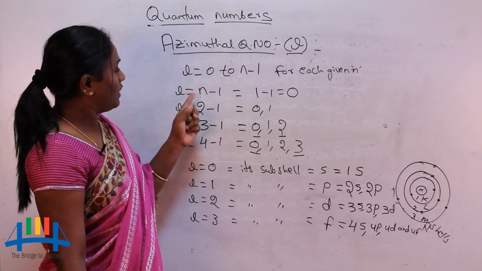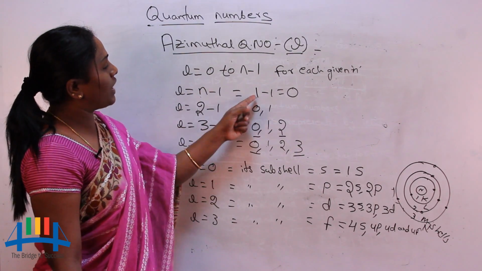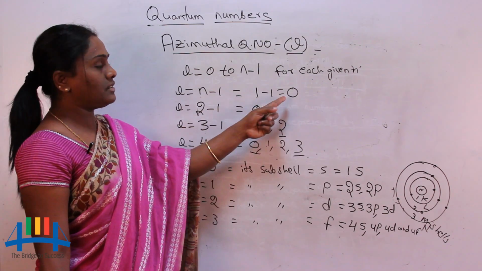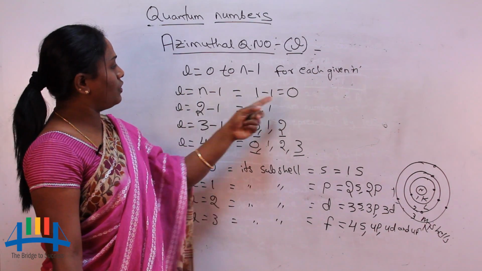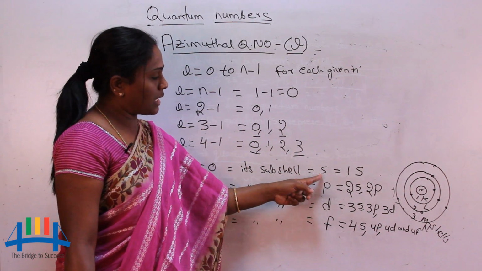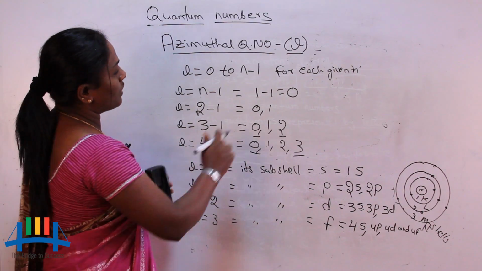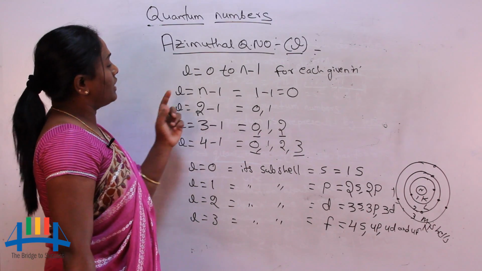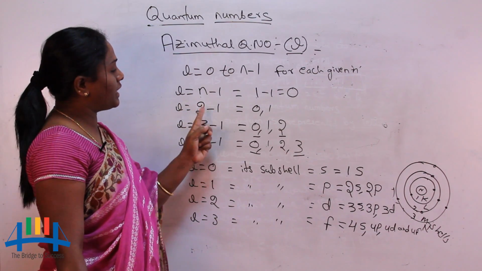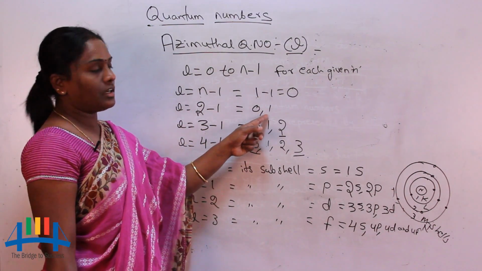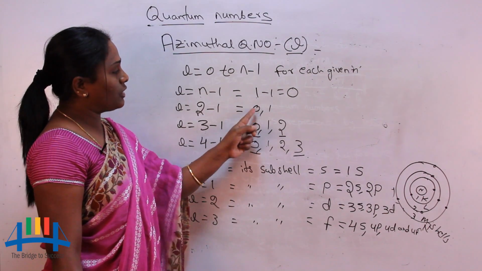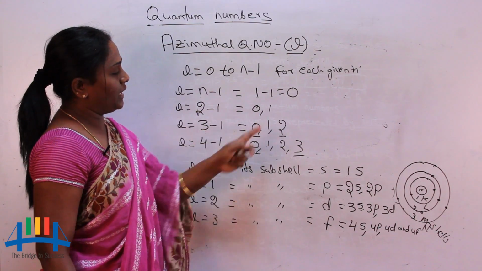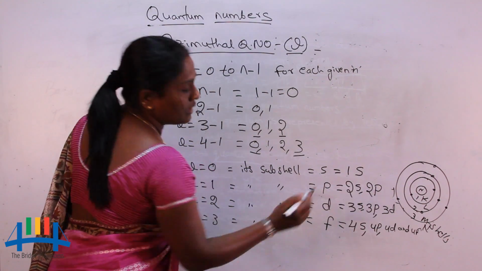If n is 1, 1 minus 1 is 0, then I got only one l value, that is 0. If l value is 0, its subshell name is s, and only one orientation is possible, that is 1s. If n is 2, then 2 minus 1, maximum value is 1, minimum is 0. Two values are possible, that is 2s and 2p.